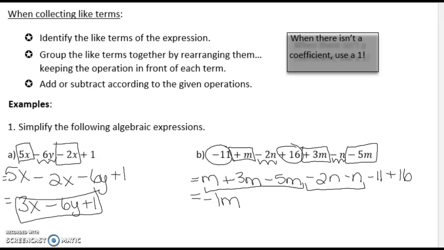Negative 2n, take away another n, so now we're at negative 3n's. And last but not least, our constants, 11 plus 16, or you could say 16 minus 11, and that gives us positive 5. And this is our final answer.